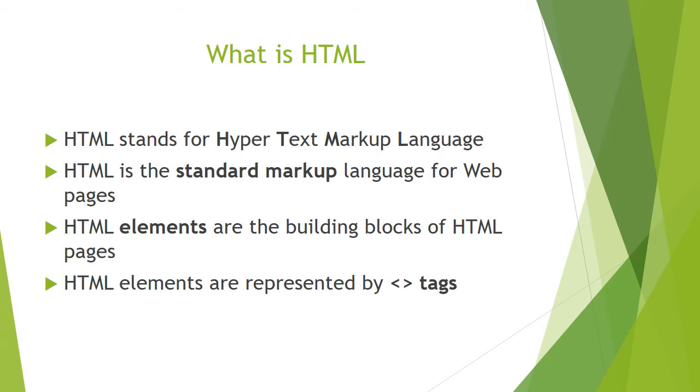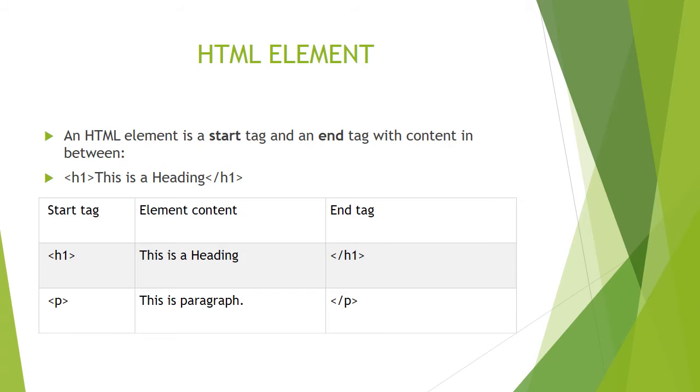Now, HTML elements are represented by an angle bracket and a closed angle bracket, called tags. An HTML element begins with a start tag and an end tag with the content in between.